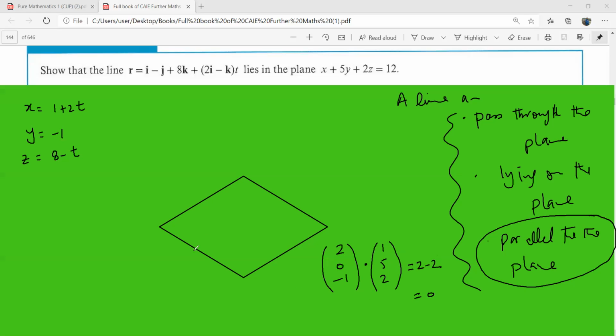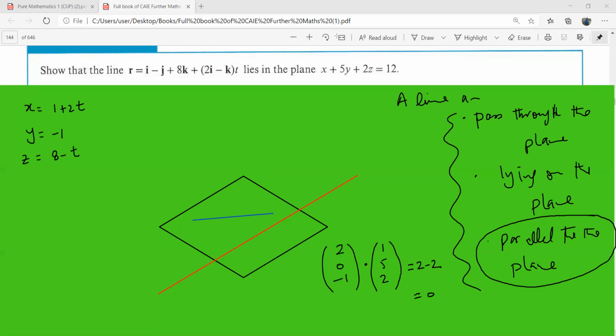So a line can be parallel to the plane, or it can be lying on the plane. In both cases, for example, you have a line over here which is parallel to the plane, and there is a line which is, let's say, lying on the plane, like this.